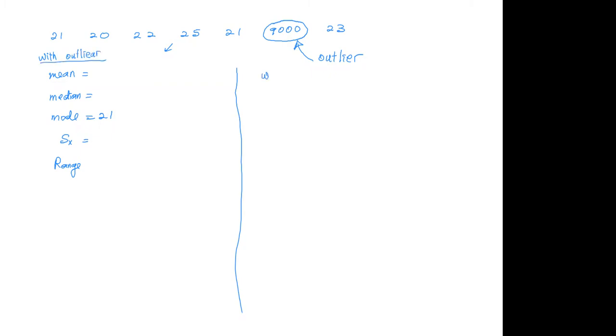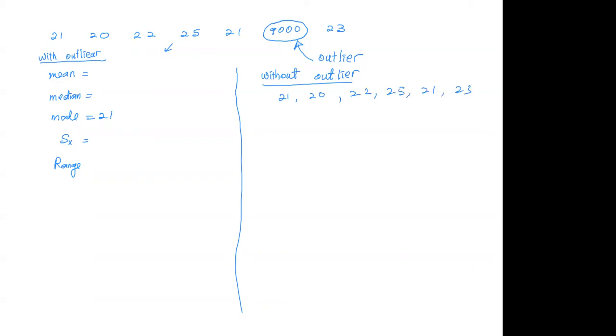I want you to do the same without the outlier. That means you omit the outlier. Without the outlier, my data will be 21, 20, 22, 25, 21, and 23.